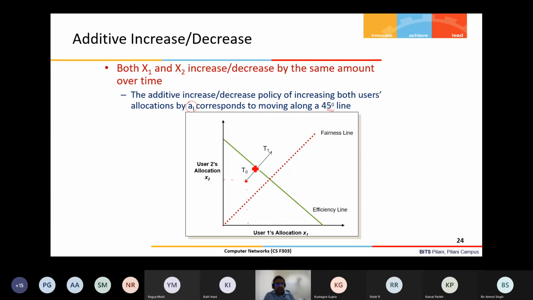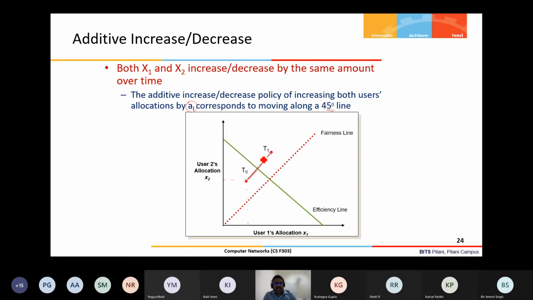When both increase, in the next round it may be possible that the connection state reaches this point, and now you can see this point is above the efficiency line.